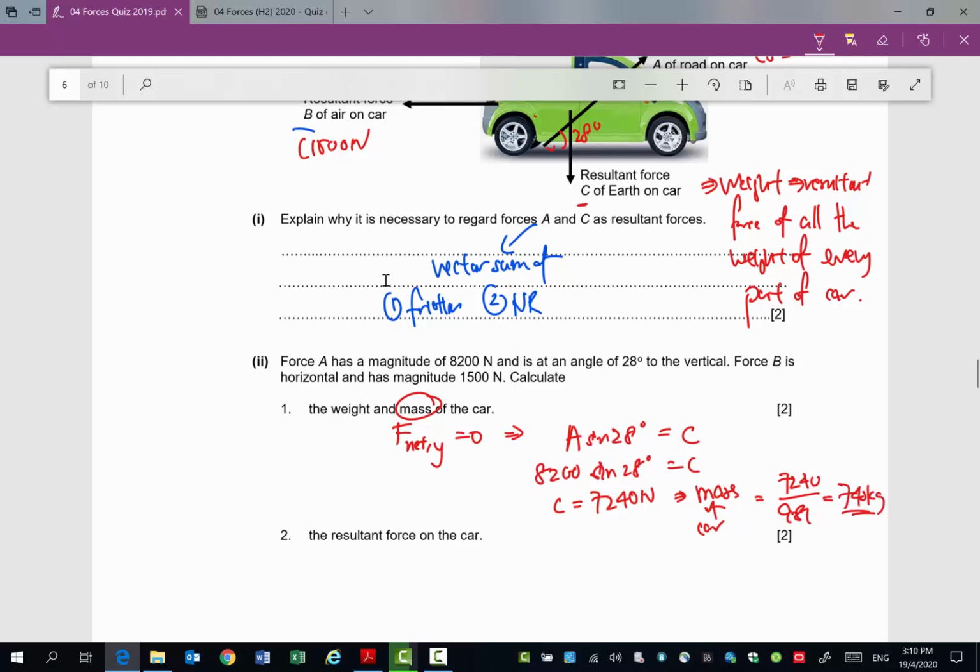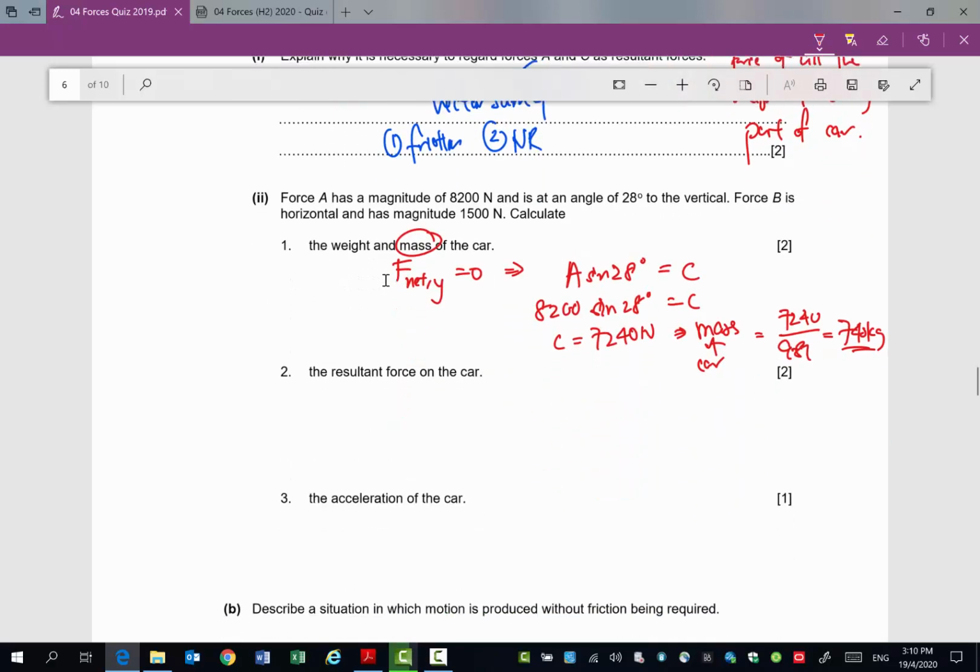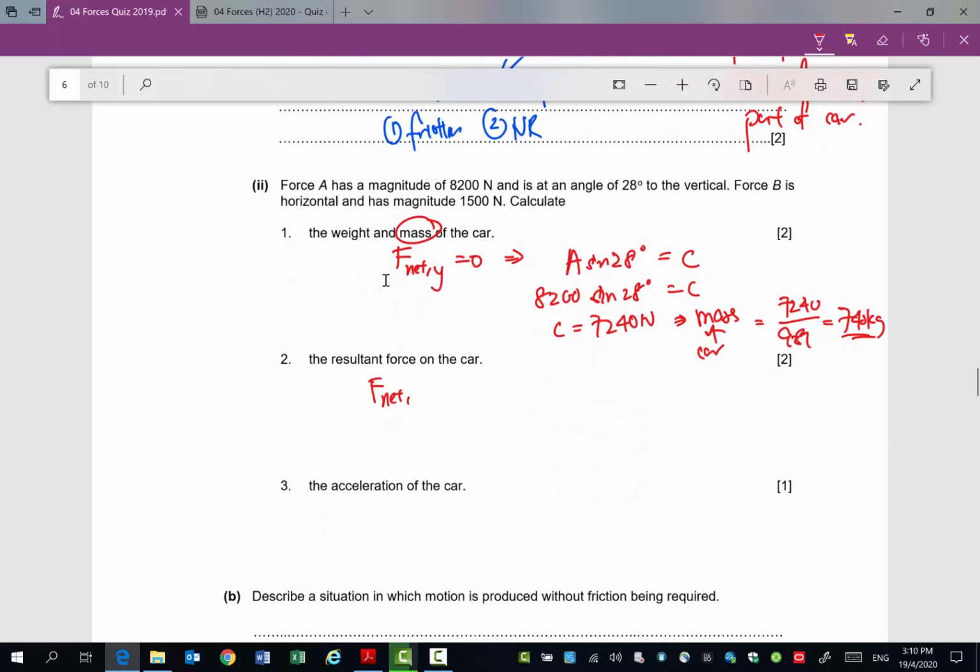Then I need to find the resultant force on the car. Since F net Y is 0, the resultant force must be horizontal. So all we need is F net X equals ma. This is Newton's second law. Taking rightward as positive, A cos 28 degrees minus the 1,500 Newton, the force B backward, equals ma. So the resultant force is 8,200 cos 28 degrees minus 1,500.